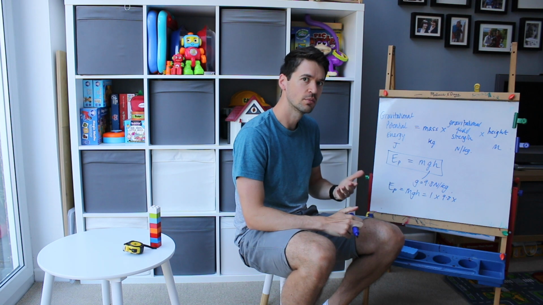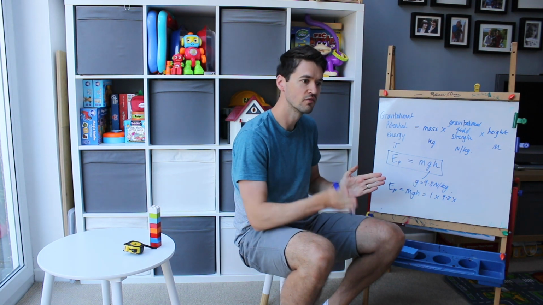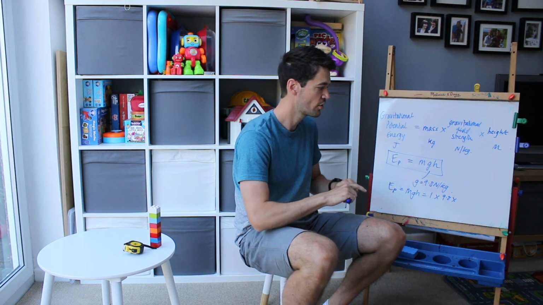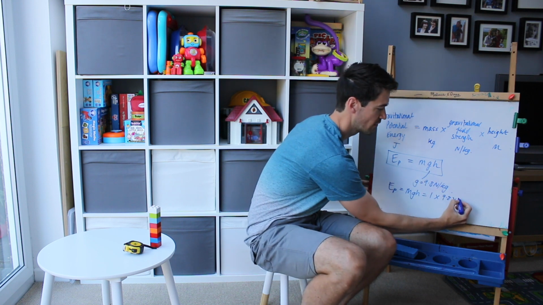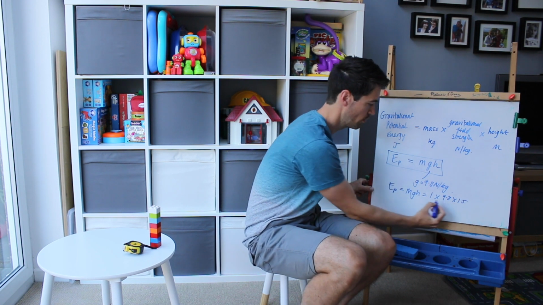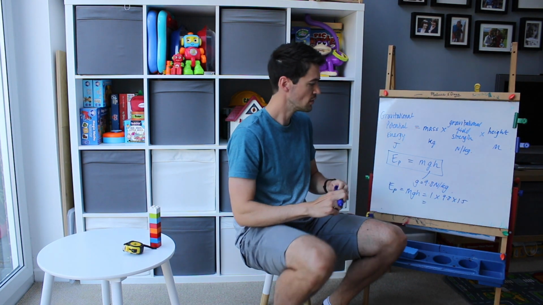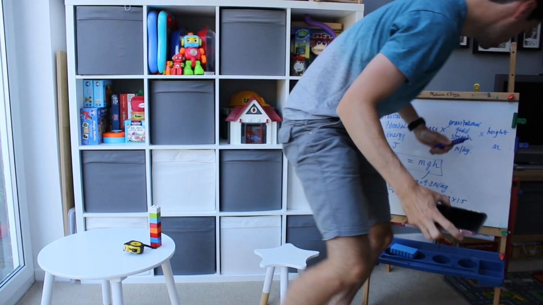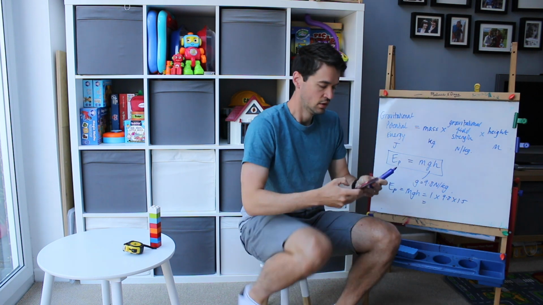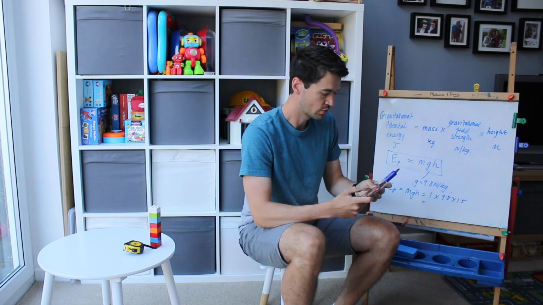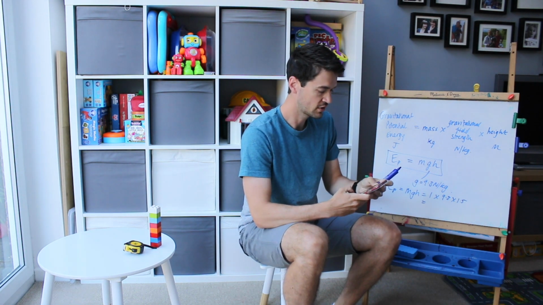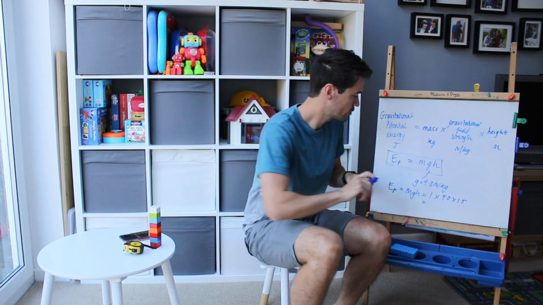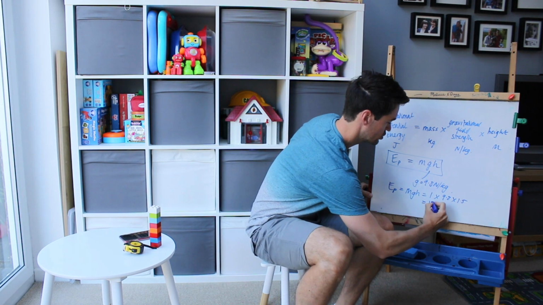That is going to be, again, centimetres, we're looking at conversions. Centi is 100th, so we've got 150 divided by 100, or 1.5 metres. We put those together, I'm just going to get my calculator. Let's have a look. So 9.8 times 1.5 times 1 gives us 14.7 joules.